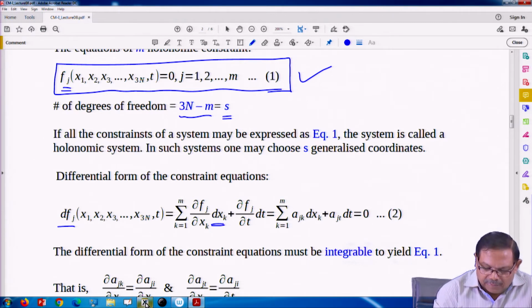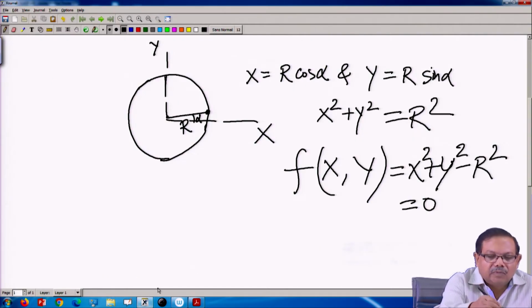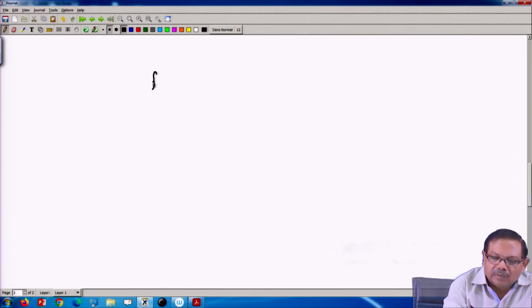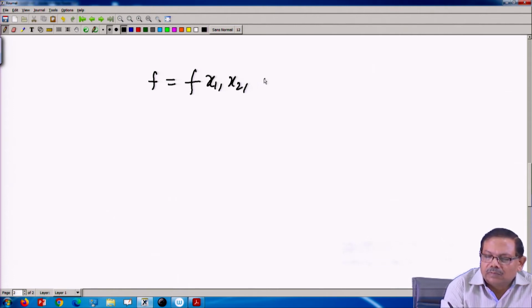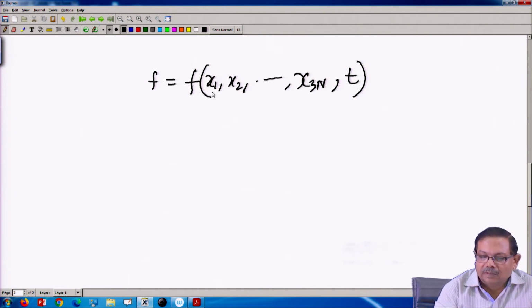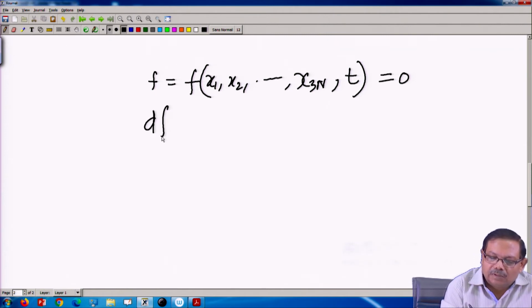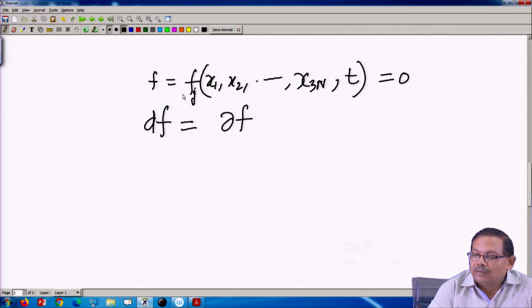So, if my function is a function of x1, x2, x3, and in general a function of t, I will give an example, and this is equal to df. The total differential would be, and let us say there are j equations, or m equations, so j is going from 1 to m.